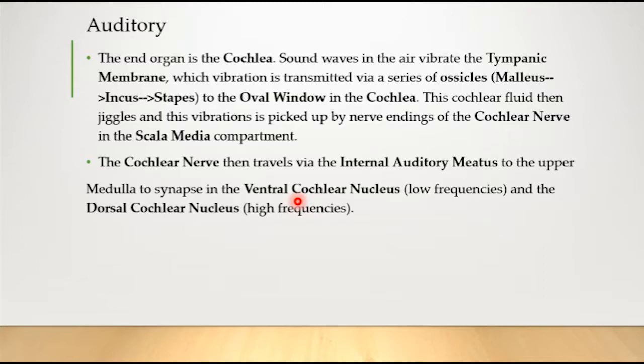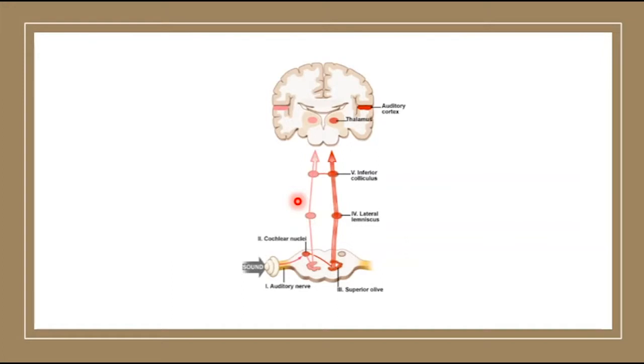Then it travels by the internal auditory meatus to the medulla to synapse in the ventral cochlear nucleus and the dorsal cochlear nucleus.